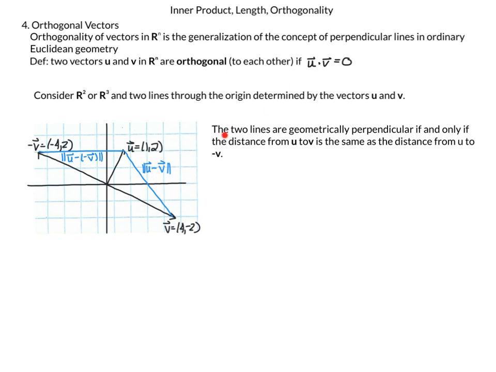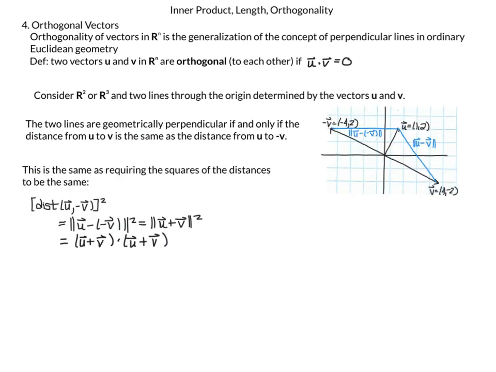The two lines, the line u and the line v, are geometrically perpendicular if and only if the distance from u to v, this line in blue here, is the same as the distance from u to negative v, this other line in blue. So if this distance equals this distance, we can say u and v are perpendicular. And I realized I need some more space, so I moved things around.